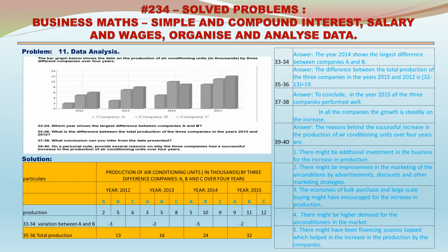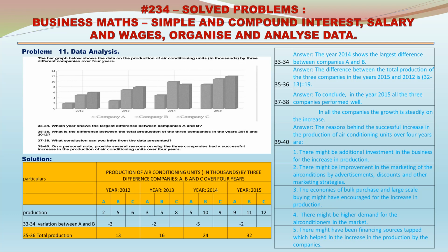When we tabulate the data given above: in 2012, production of Company A is 2,000 units, B is 5,000, C is 6,000. In 2013, A is 3,000, B is 5,000, C is 8,000.